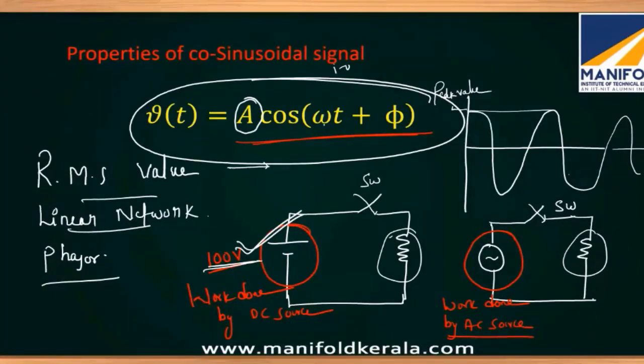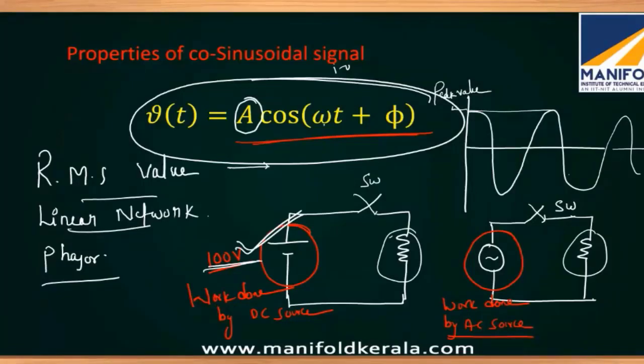In simple language, the DC equivalent value of an AC source is called the RMS value. I have explained this in an experimental format: both sources supply the same power to the same load. So how can we compute this effective, DC equivalent value?